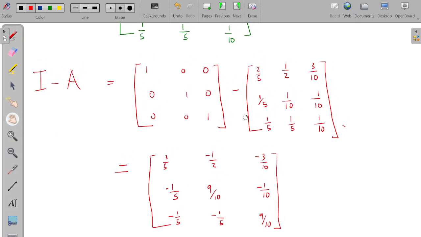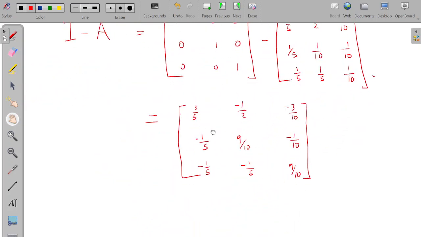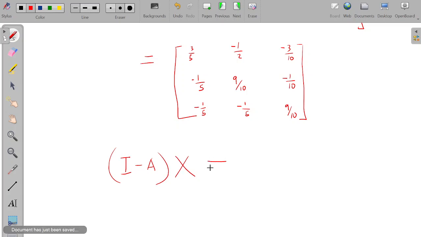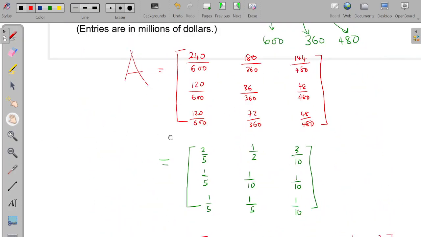Now after finding our coefficient matrix, don't forget, in order to find our x, our coefficient matrix multiplied by our x, which is the x we're looking for, equals d. This d is not the old demand, it's the new demand, because we are finding the production for the new demand.